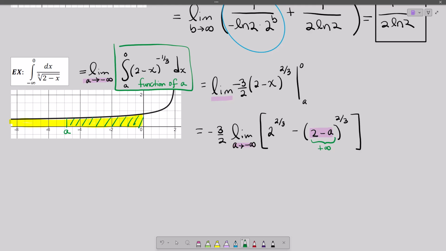So now we're asking ourselves, what happens to this part? If I'm ignoring the minus sign, I just want to get the next step out, which is this exponent. So now we're thinking about a number that's going towards positive infinity, and we're raising it to the 2/3 power. That's a fractional exponent.